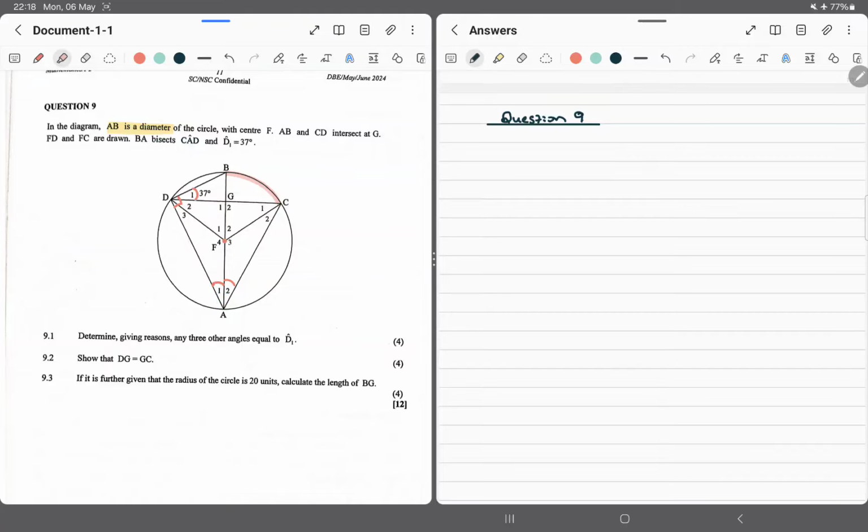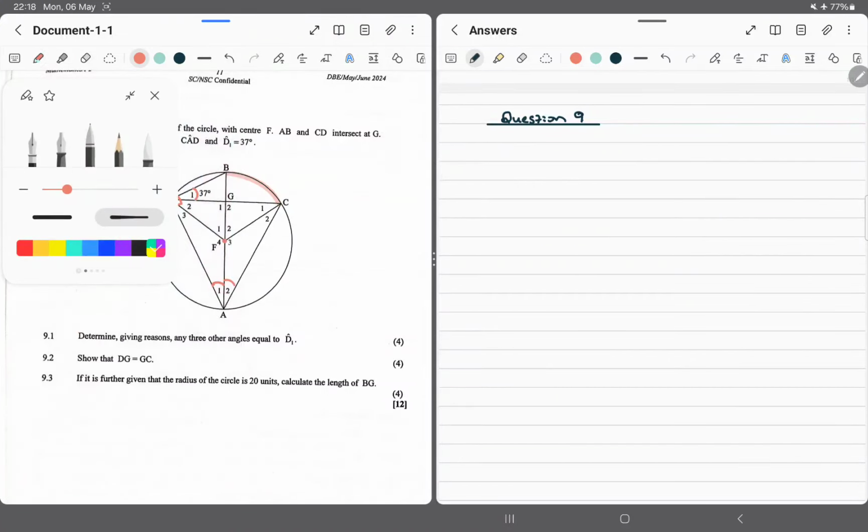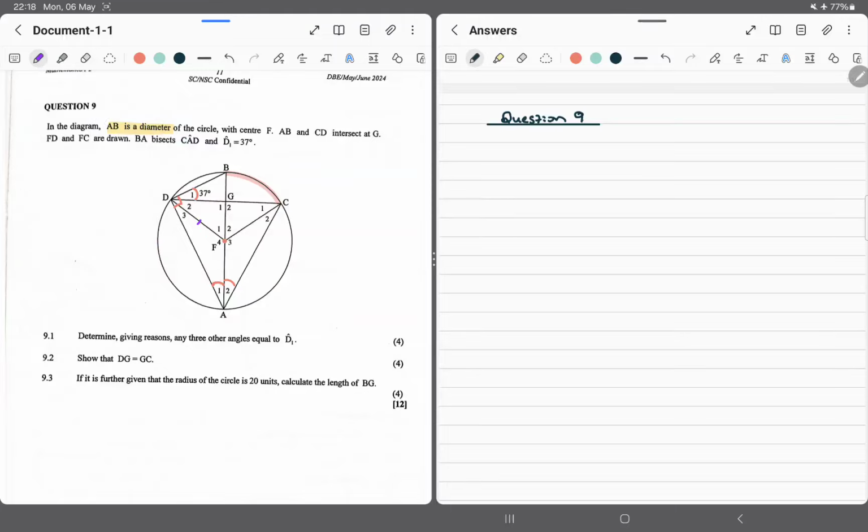All right. Now what we also know is that these are the so-called radii. We know that DF is equal to FA equal to FB equal to FC. These are all radii. And if these are radii, it means these angles are equal. These are angles opposite equal sides.